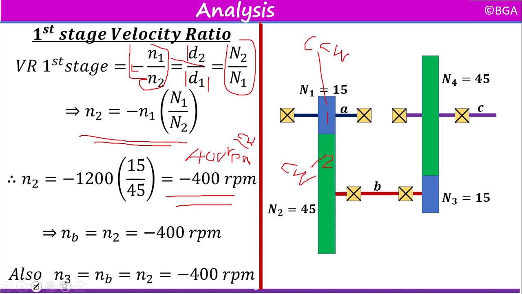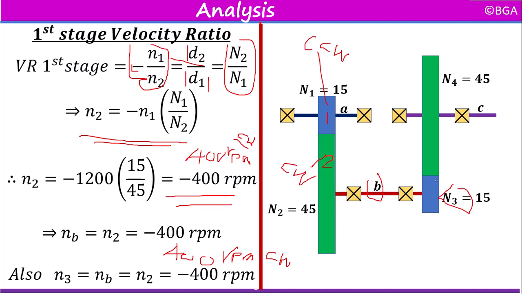So generally, the speed of gear 2, shaft B, and gear 3 is equal to negative 400 RPM, or 400 RPM in the clockwise direction.